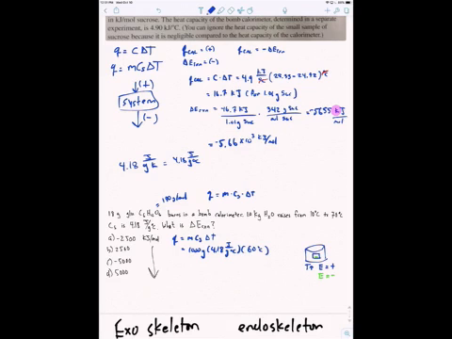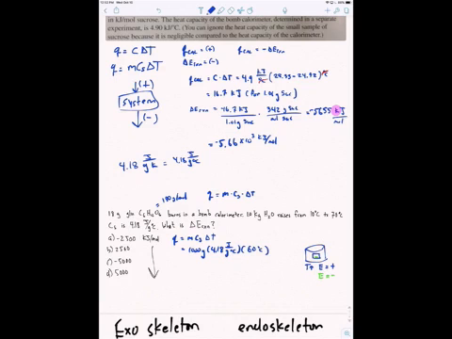It's going to be 2,500. And then that's joules. And that's for 18 grams of water.